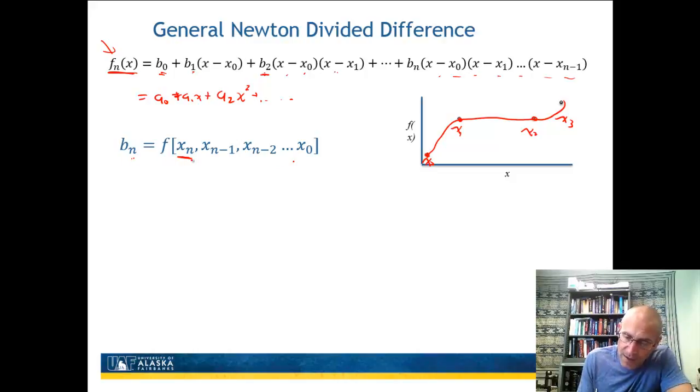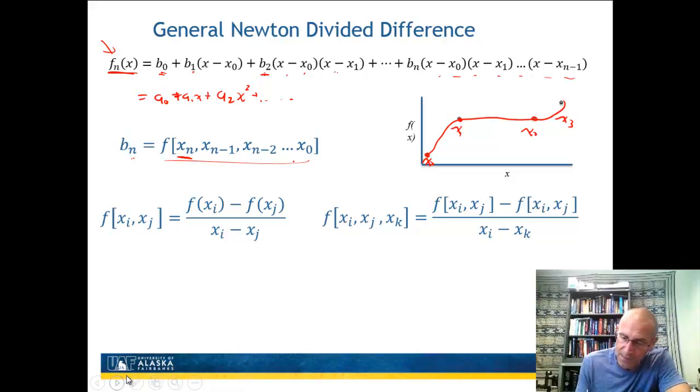This is b sub n, some function of all of those. And so what is that function? Well, for example, if I just have 2 points, say f of x1 and x0, it's just my function values divided by x. This is just my linear term, like a linear interpolation term. Now, if I look at the next value of b up, now I've got f of x, i, j, and k.